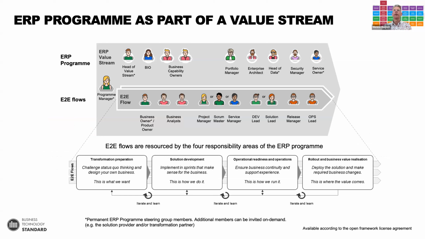Then all the governance elements are already in place, and you don't need to start from scratch while running your whole ERP program. You have the same roles you have in the value stream, and then the actual end-to-end flows where the different streams are developing ERP capabilities. You can manage it like that.